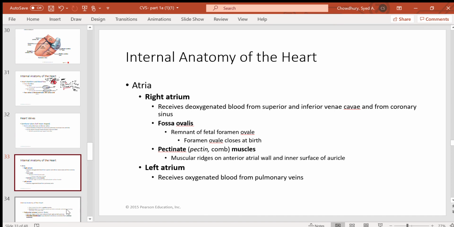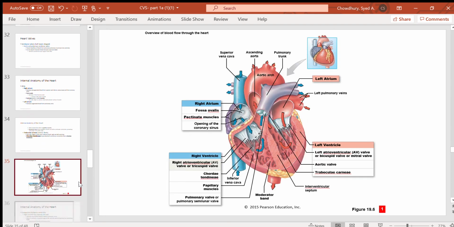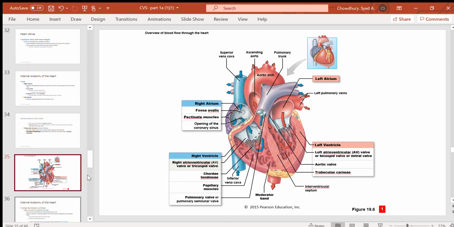Okay, now if you see inside the heart, cut the heart and see inside, here this is the septum between two ventricles. So this is the interventricular septum. Here you have the interatrial septum, and these are the valves, AV valves. So this is left, this is right.